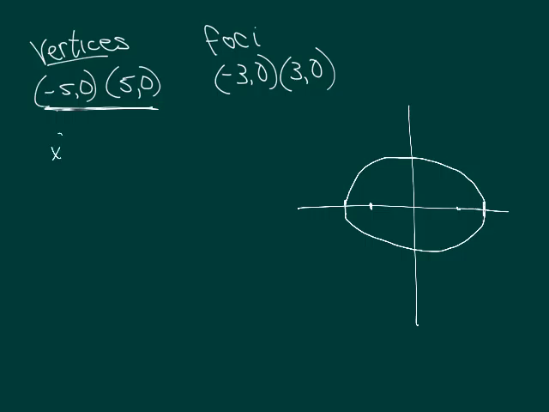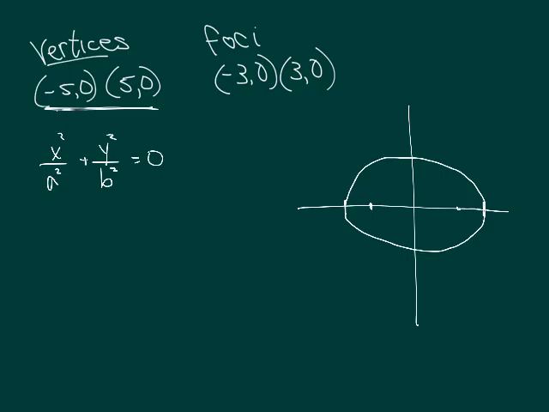So here's my equation. Because my a is my longest one and it's on the x-axis, it's going to be this equation right here. What I'm going to do is fill in the numbers for a and b. What is a and what is b?